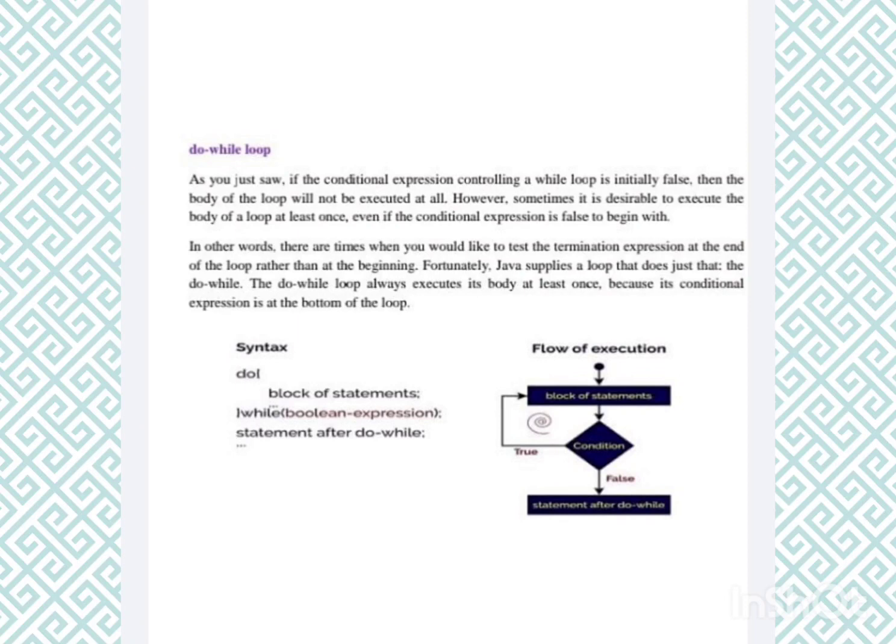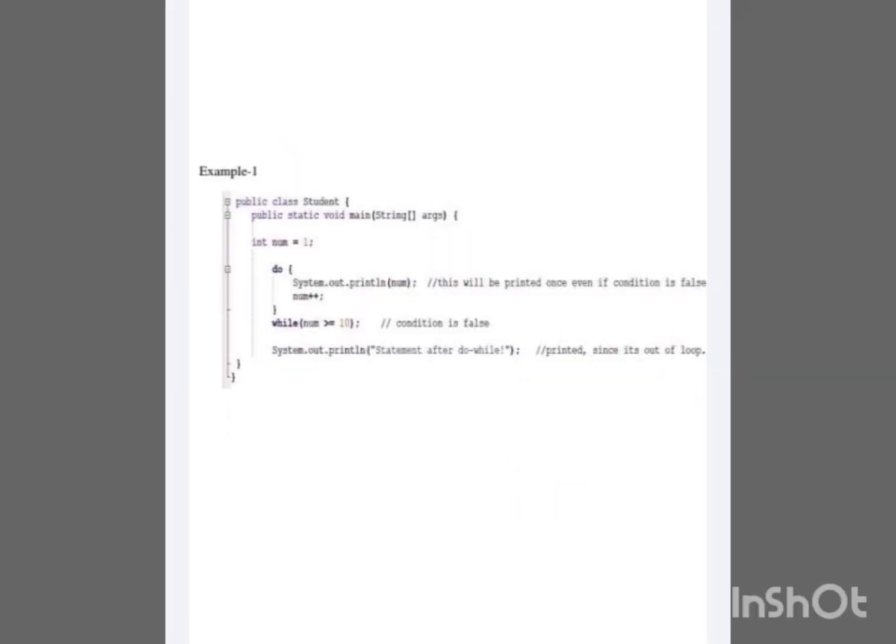In this, we use the keyword while, and next you declare the condition. If the condition is true, the statement is executed and printed. And next we declare the increment or decrement statement. An example of the while loop: first we declare a class as WhileExample, and next the main method, and we declare the value 1 in i.